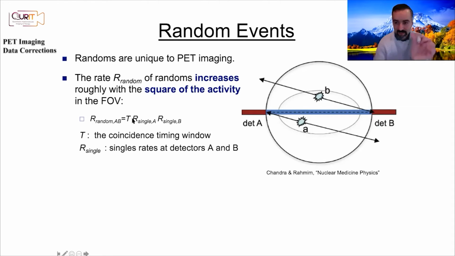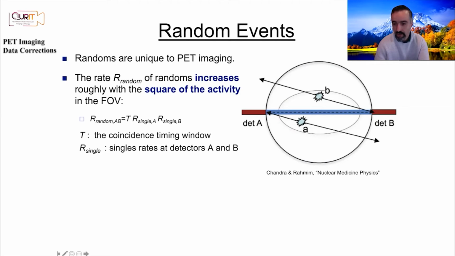And if they end up within the same timing window, you're going to get a random event. So you can see this is one reason why having narrower timing windows is better, because as scintillators have gotten better, and electronics have gotten faster, you're getting narrower coincidence timing windows, and that has reduced the random rates, but ultimately you're going to have random rates.